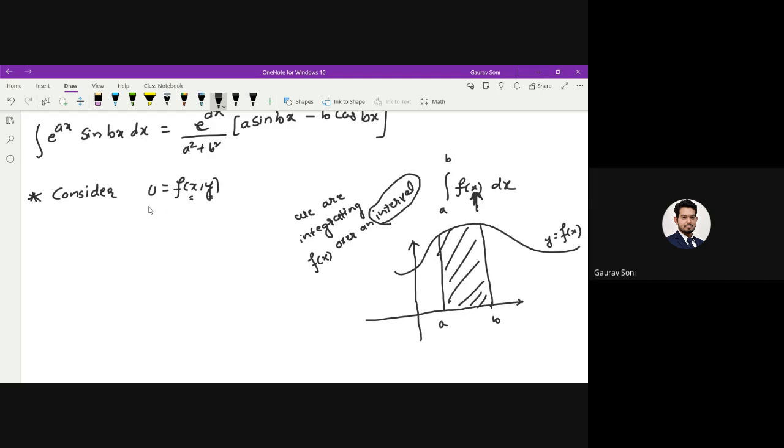So if I want to graph this kind of function u is equal to f of xy, my input is going to be from the xy plane, and I'll get some point on this, and I can integrate over some part of the xy plane. I hope you are getting this. So my domain, when I have a function of two variables, will be from the xy plane. So I will integrate over a region in the xy plane.